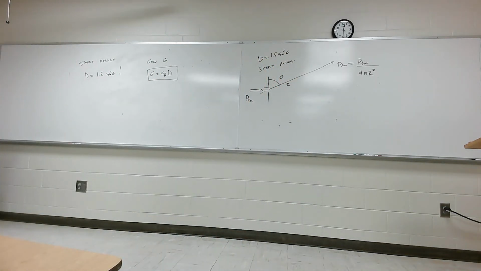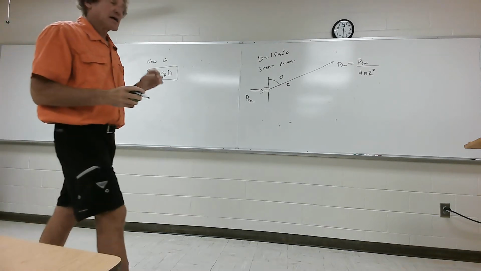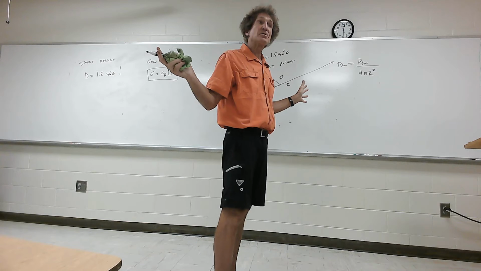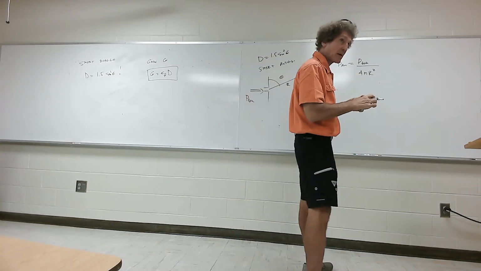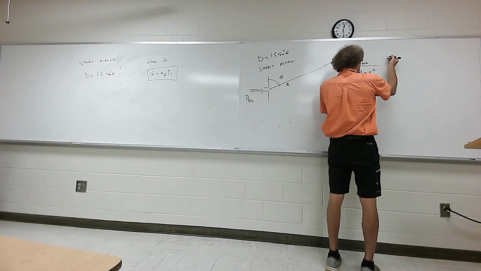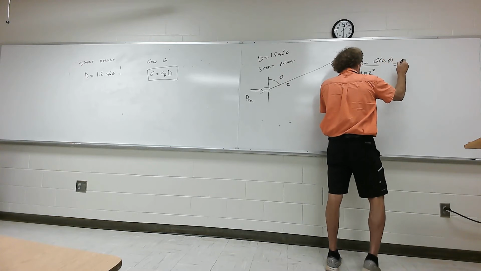Y'all hear me? The gain of an antenna is really directivity times efficiency. It tells you how much better it is than an isotropic, or worse in some cases if it's shooting up and down the axis. So then you take the gain of the antenna right here. That's a function of theta and phi, but never r.